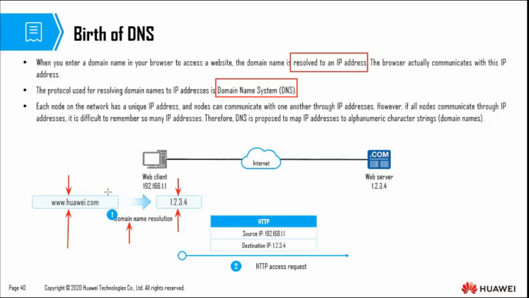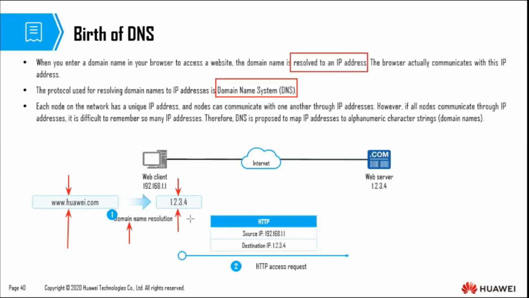The DNS server. So normally, the reason this was done is because people don't remember numbers easily, but they remember names better. So you might not remember 1.2.3.4, but you might remember Huawei.com more easily.